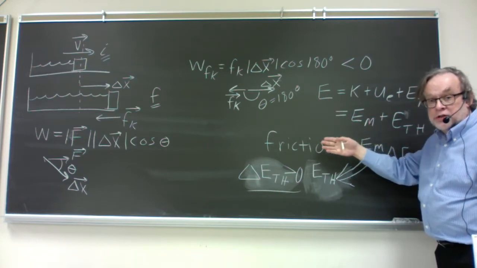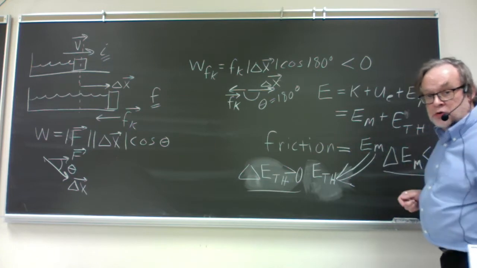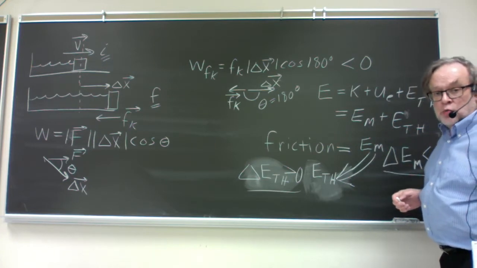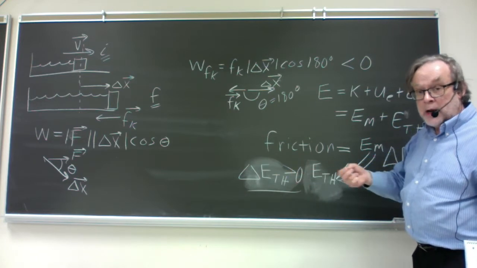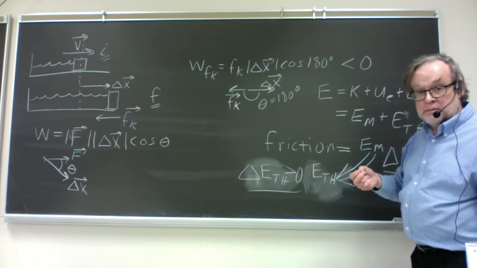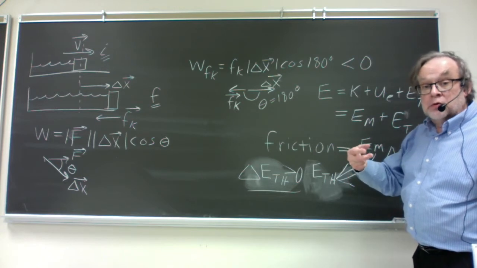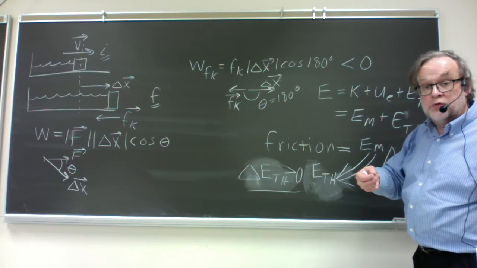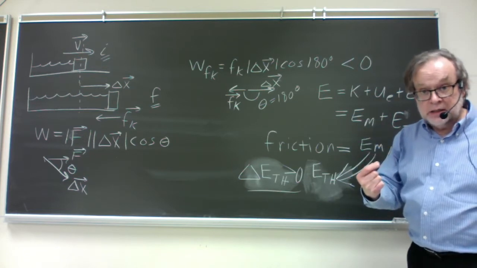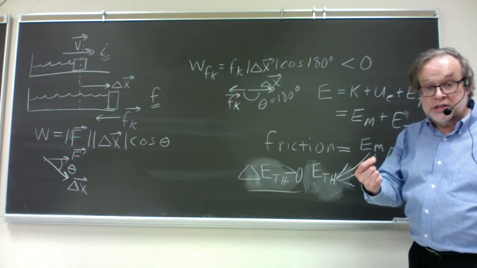So the total energy in this case is just mechanical plus thermal energy. And what that friction force actually does is take away mechanical energy. When the negative work is done on the mass, energy is taken away from the mass. Specifically, mechanical energy is taken away.